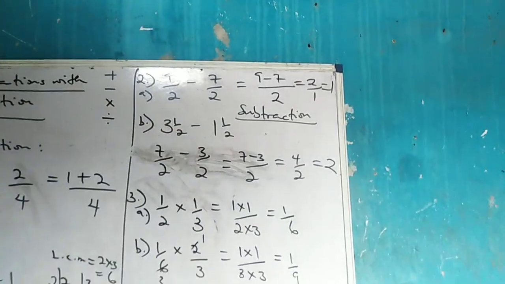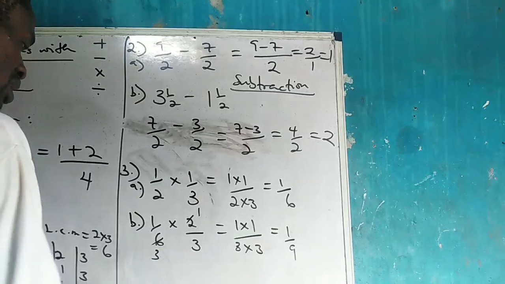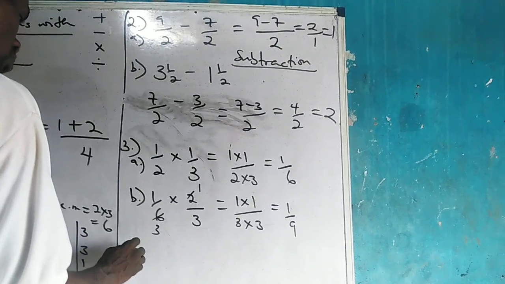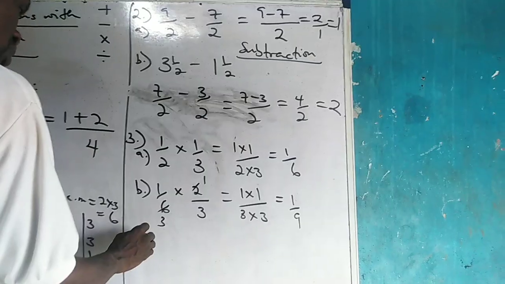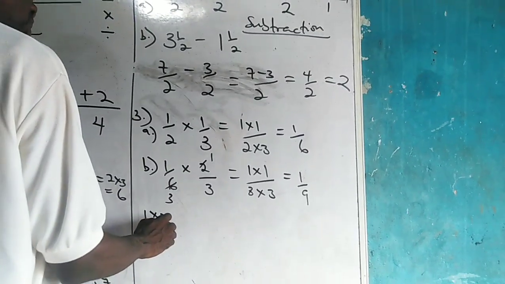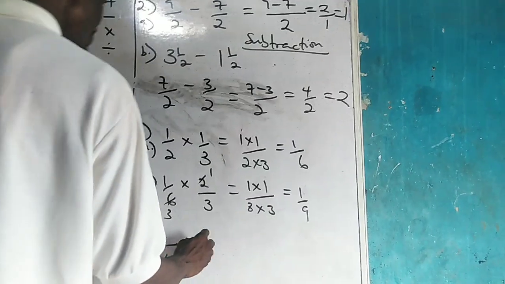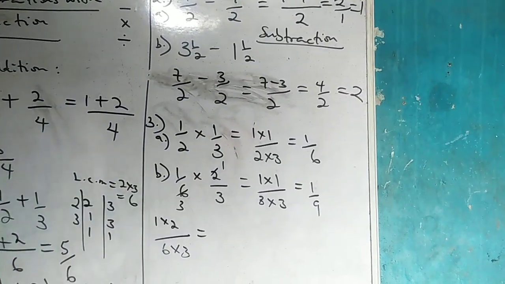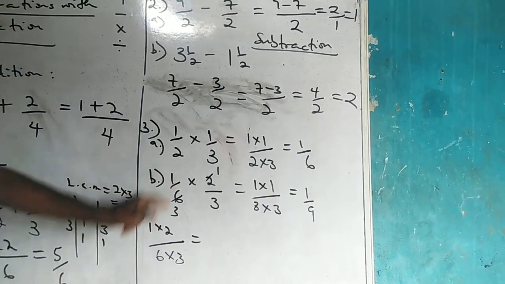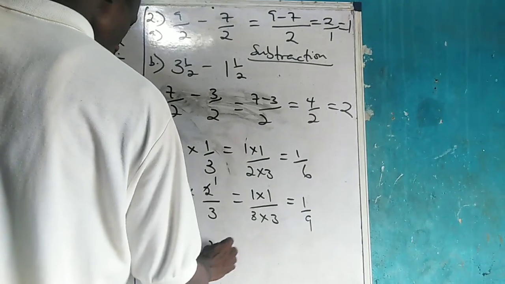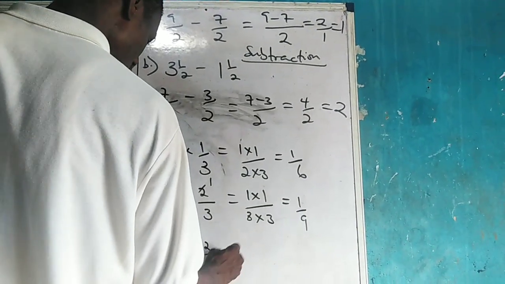Now, if we decided to do it directly, without cancelling out, I have 1 times 2 all over 6 times 3. You know that's what this will result to, right? 1 times 2 will give me 2, and 6 times 3 will give me 18.